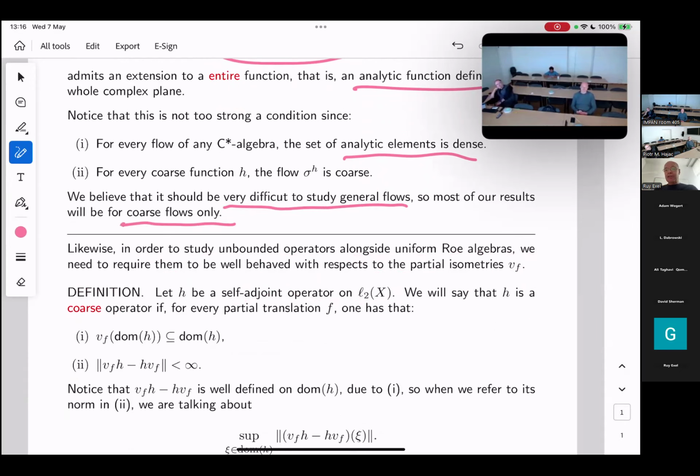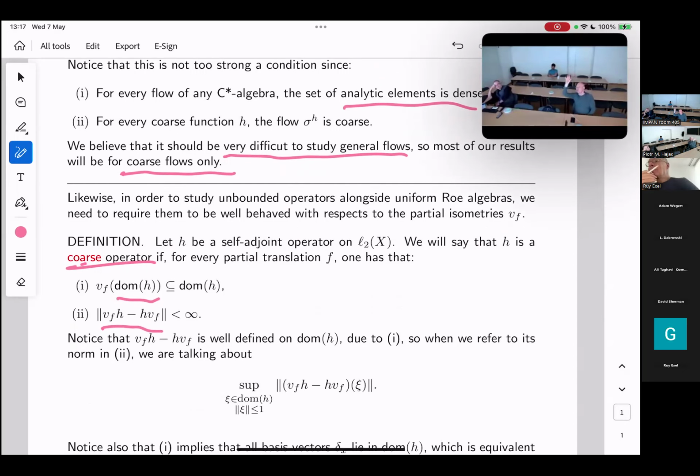First of all, I want the domain of the operator to be invariant under my partial isometries. And secondly, I want my partial isometries to commute with H up to a bounded operator. So those two properties define what I'm going to call a coarse operator.